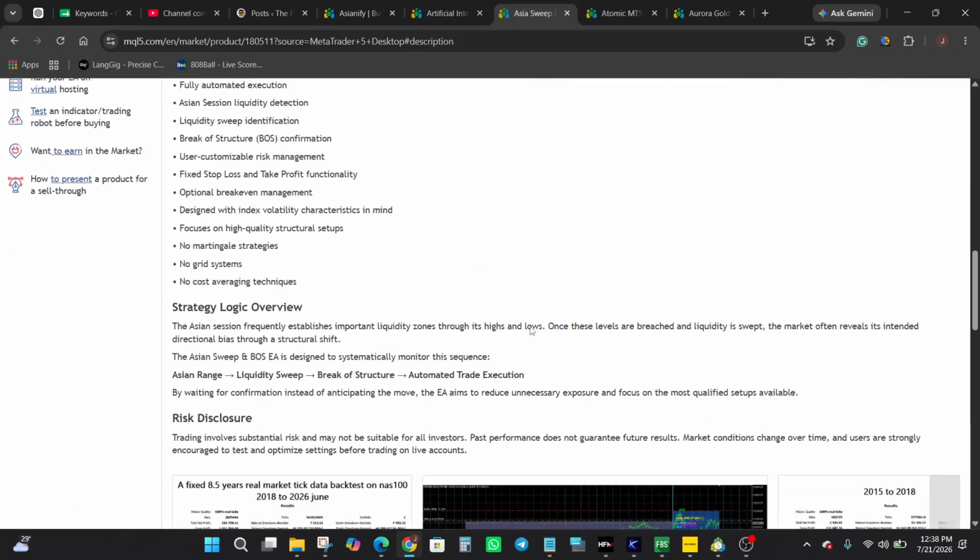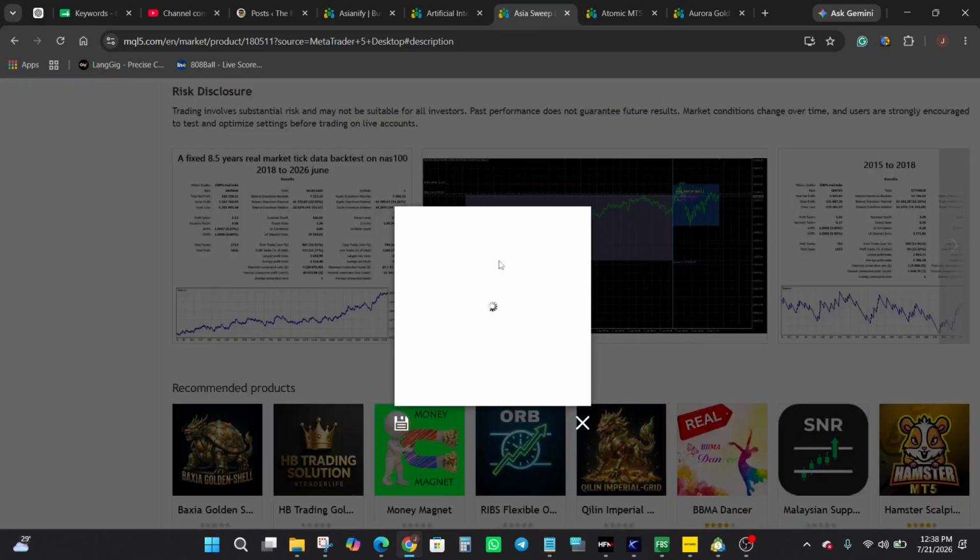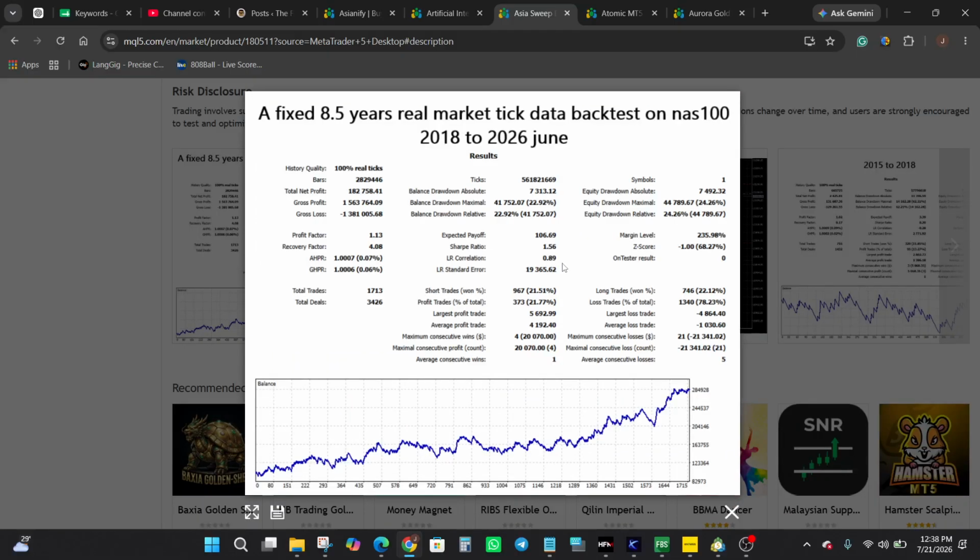But before that, let's briefly look at the report provided here. It says a fixed 8.5 years real market tick data backtest on NAS 100, 2018 to 2026. Here, the net profit was $182,758.41.